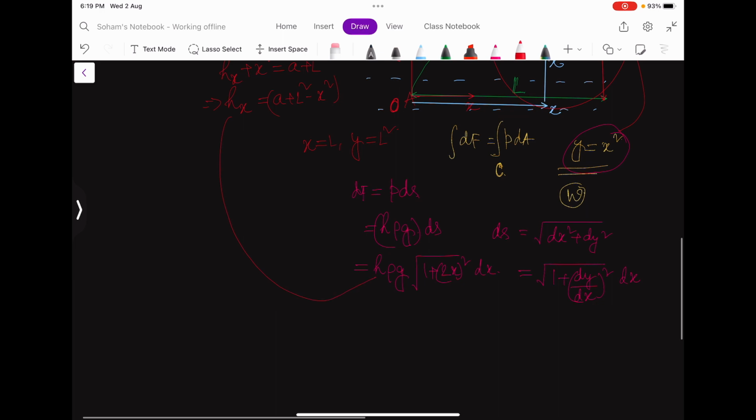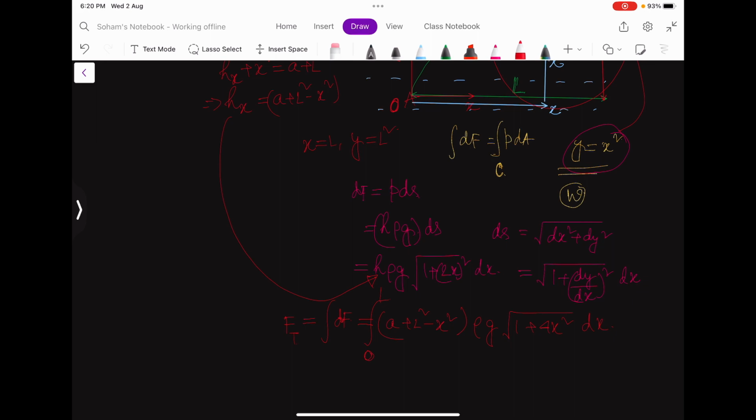So just put this hx in here, a plus l square minus x square, then this much into rho g into 1 plus 4x square dx. So this is df. Now I have to integrate this force to get the actual total force F, from x equal to 0 to x equals to L.